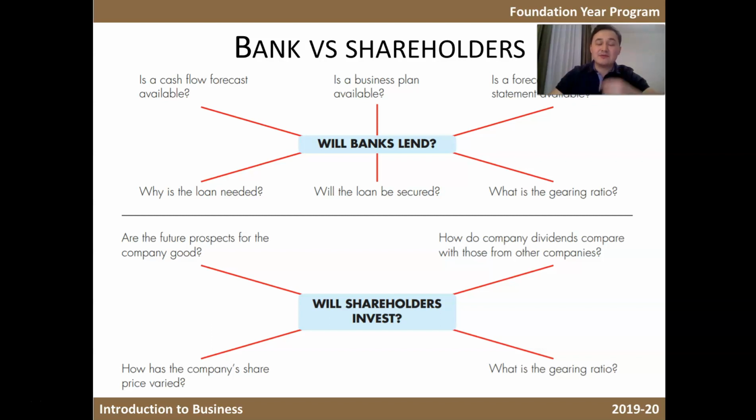If we are talking about public limited companies, where shares are sold and bought on the market every day, they will look at the trajectory and at how the company has been doing historically. Are they paying any dividends, if it's a public limited company? And again, what's the gearing ratio?